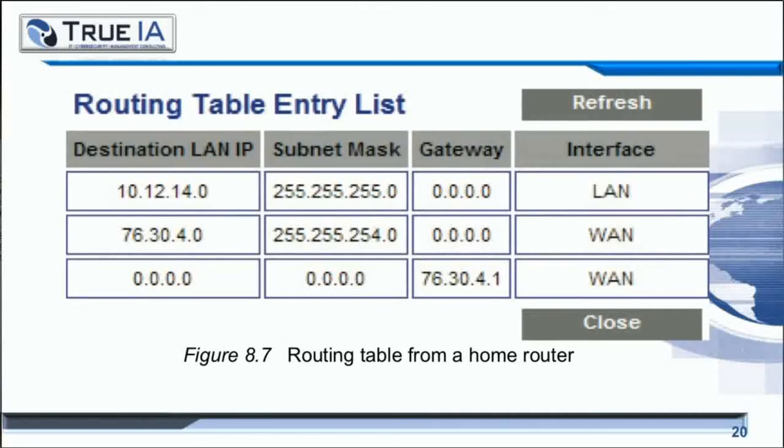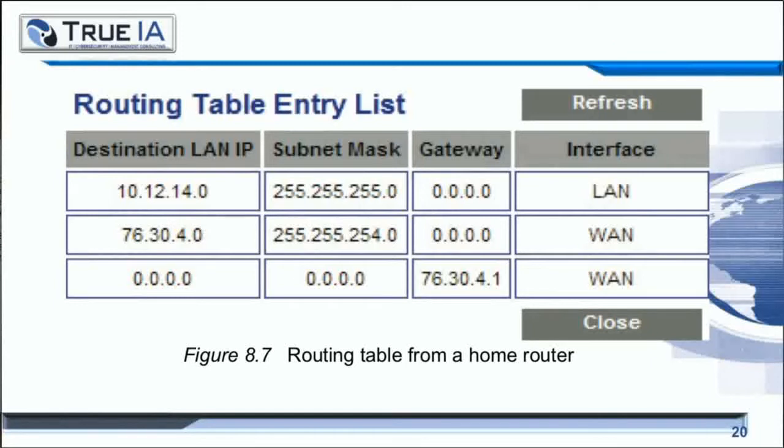So here's what that routing table would look like. A destination IP of 10.12.14.0 with the subnet mask of 255.255.255.0 and a default route of quad 0. The router knows the destination IP, so it will send it out its LAN port.